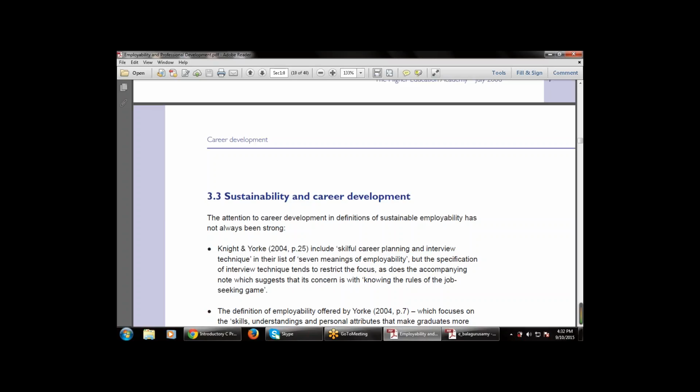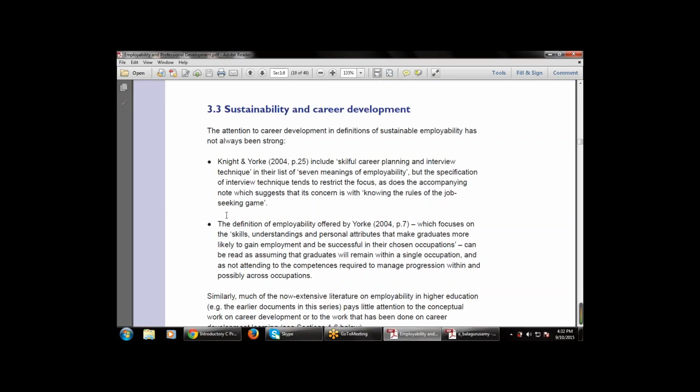Then next is the definition of employability offered by Yorke, which focuses on the skills, understanding, and personal attributes that make a graduate more likely to gain employment and be successful in their chosen occupation.